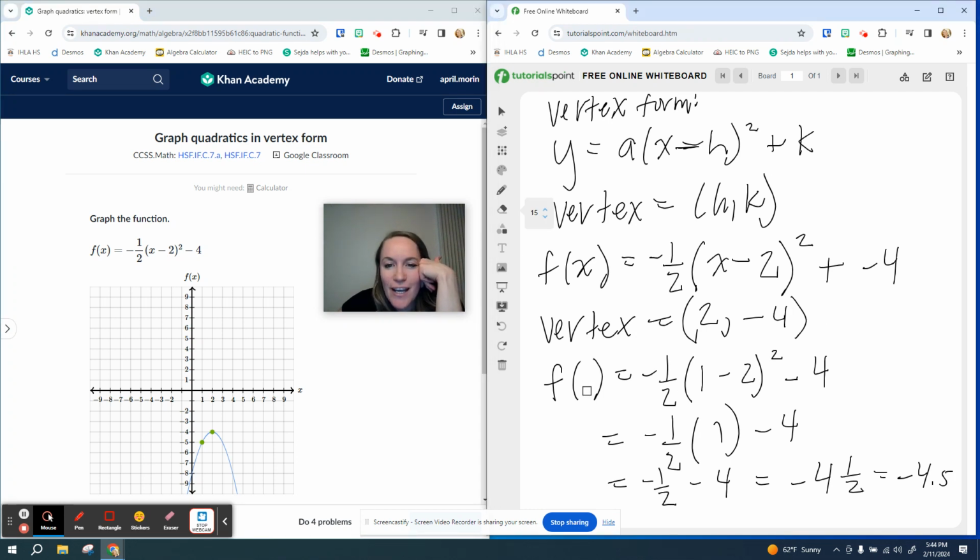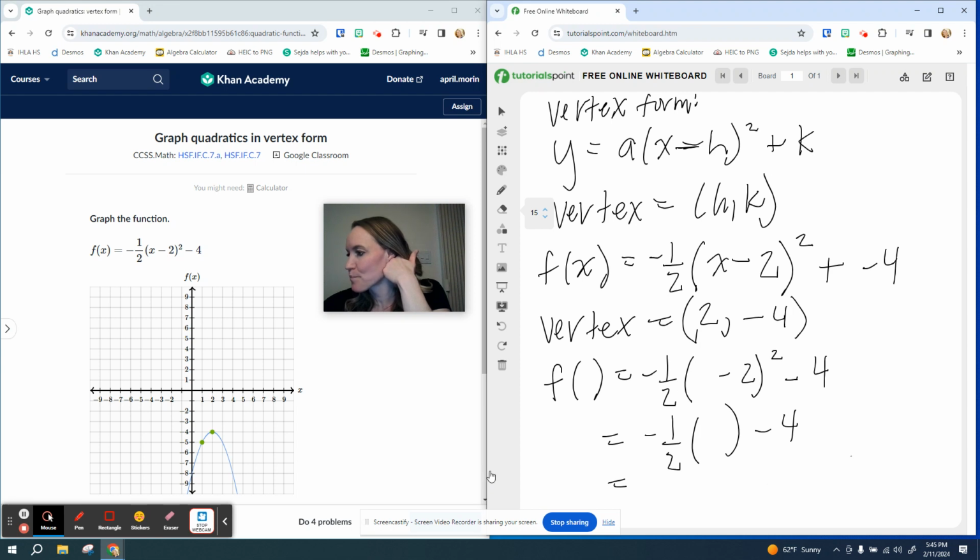So I'm just going to go ahead and choose 0 and see what happens here. Go ahead and erase some of this stuff right here. Kind of looking for a whole number so that I can graph this thing. Okay, let's choose 0.